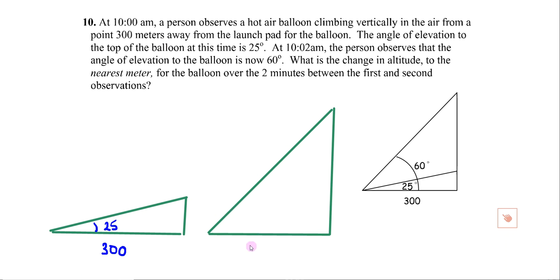So the angle at the same 300 feet or whatever it is, meters, but this time the angle is 60. Not what some people did, they put 85 because they thought that it said 60 and 25. But it does say the angle of elevation is now 60. So the angle of elevation is from flat looking up. So the information is there. That was the issue. So you work out this one, you work out this one and do a subtraction, and that's how you find the answer. That makes sense to anyone that wants to know that one?